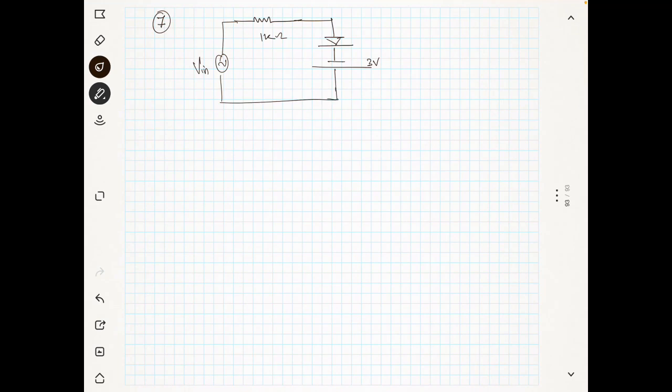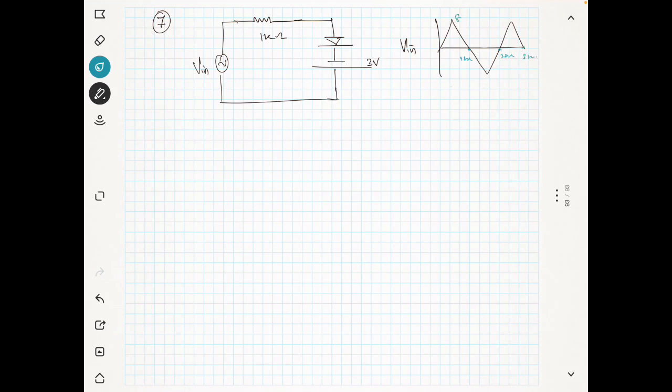The input V in is given as a triangular wave, something like this. Each duration is 1 second. That means if this point is 1 second, this will be 2 seconds, and this will be 3 seconds, and so on.